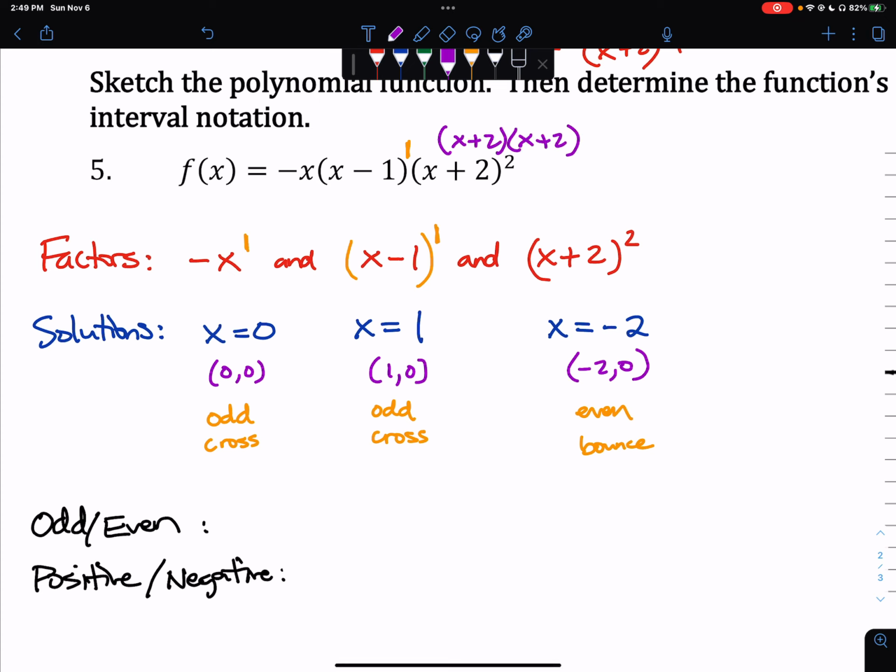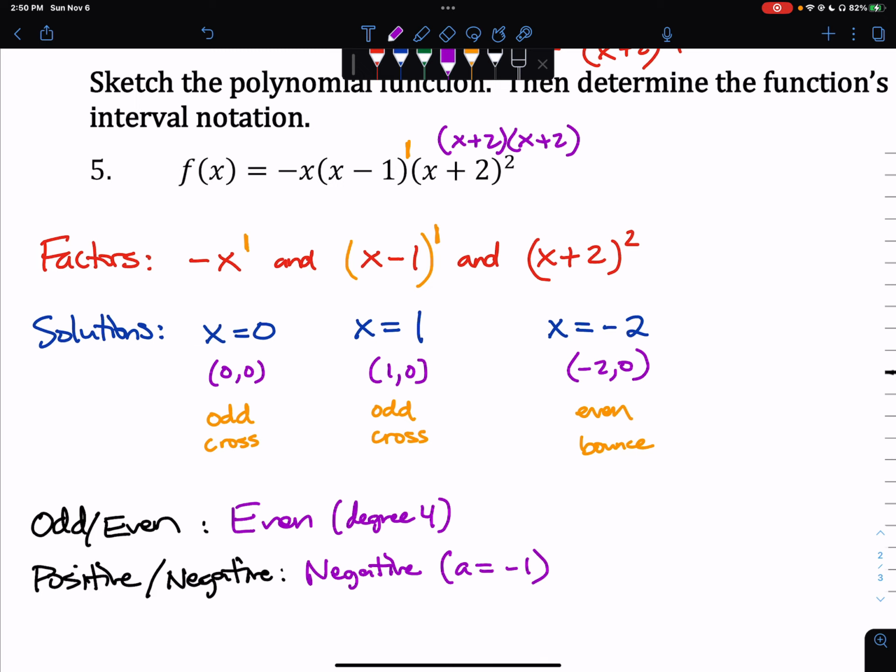There are 2 of them. So there's 1, 2, 3, and 4. So a total of 4, which means this would be an even function. And positive or negative comes from our leading coefficient, which is a negative 1. So it's even because the degree was 4. It's negative because a was negative 1.